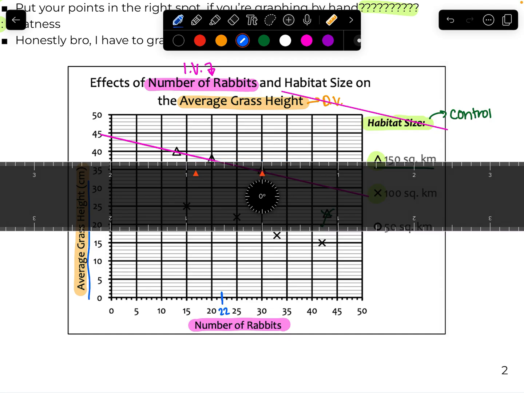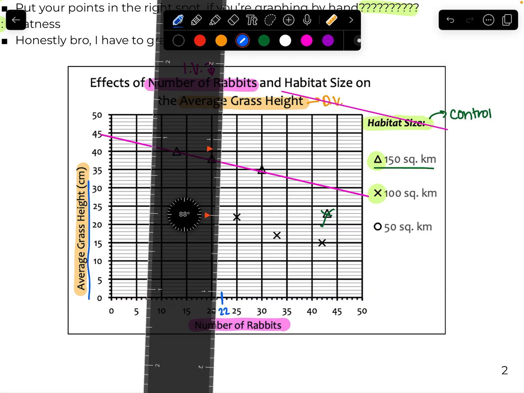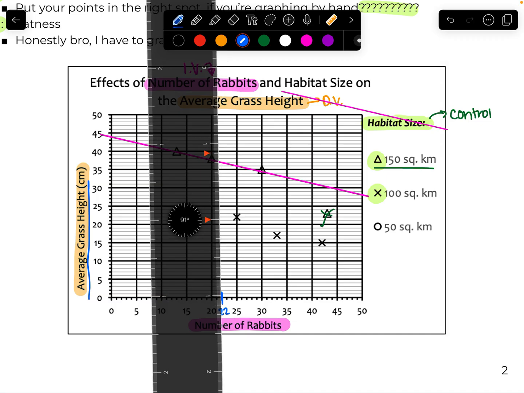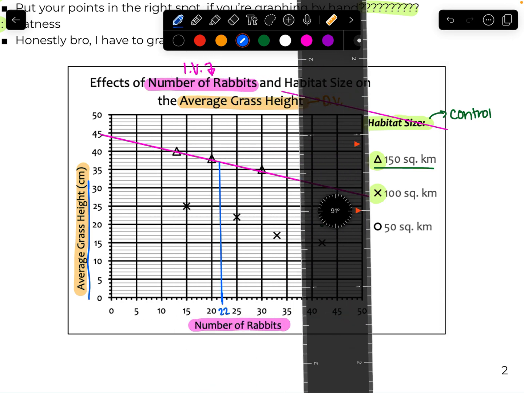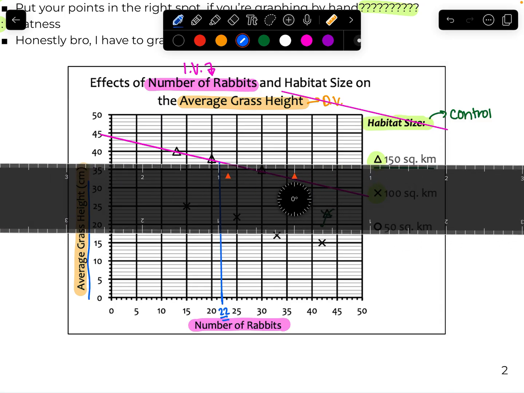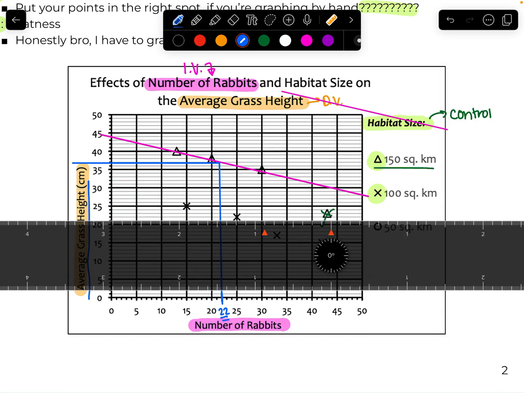So you do need a ruler again for this part. What I can do is simply take my ruler and lay it on my graph. First, I want to lay it vertically so I can trace up to where my data point meets my trend line. I'm trying to make a prediction at 22, so I'm going to follow up to my trend line where it would hit at 22. And then I'm going to turn this and lay it flat horizontally, and trace back to the y-axis.